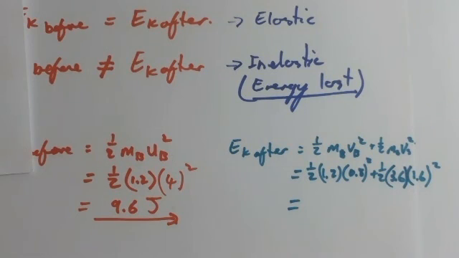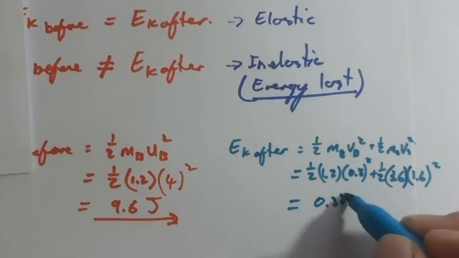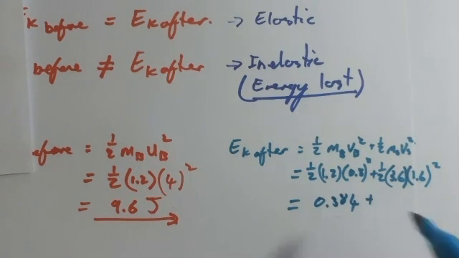It is 0.8 squared times 1.2 times 0.5. It gives me 0.384 plus, let's do the other one, 1.6 squared times 3.6 times 0.5.